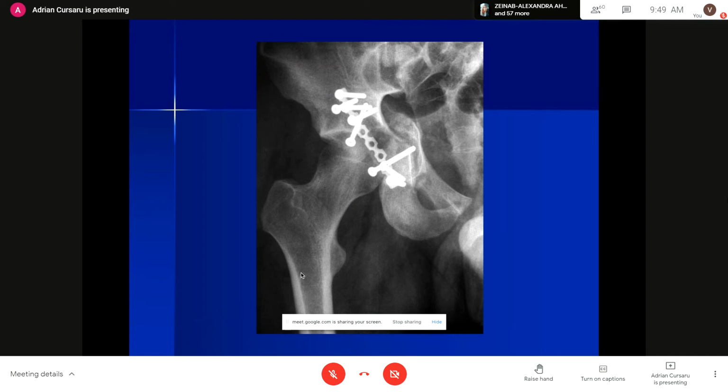That's an open reduction because we have an intra-articular fracture, and we have made an open reduction and fixation with a reconstruction plate with screws, okay, to reestablish the acetabulum surface in place, to reestablish the joint and to make it anatomical, okay?